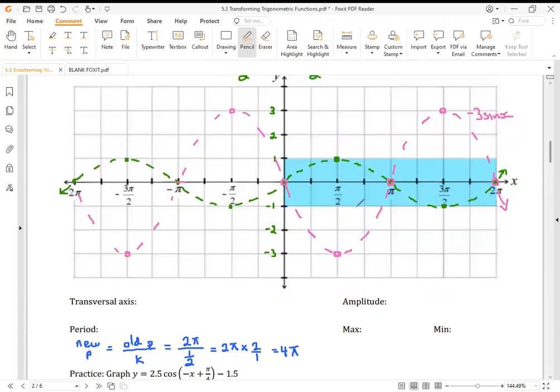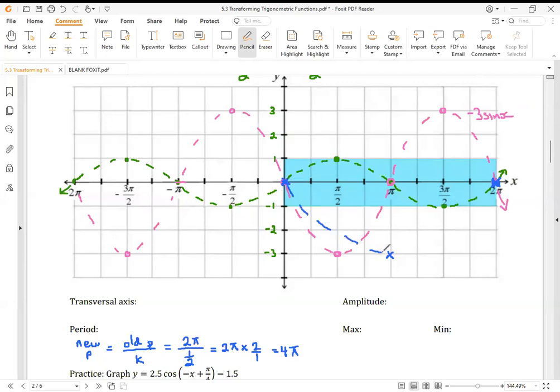Right? I'm multiplying all of my x values by 2. 0 times 2 is just 0. Let me do an x. Pi over 2 times 2? Pi. Pi times 2? 2 pi. And then 3 pi over 2 times 2, it's going to be 3 pi, which is way far to the right. I don't have any space. Mental note, I should probably do a smaller grid for next year.